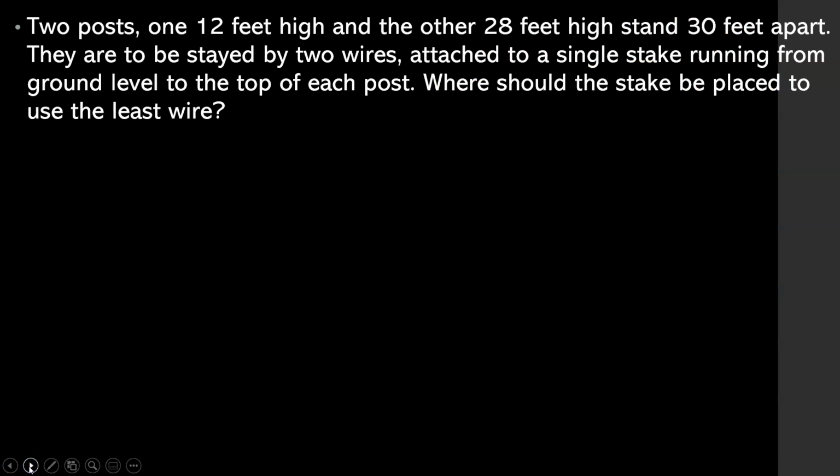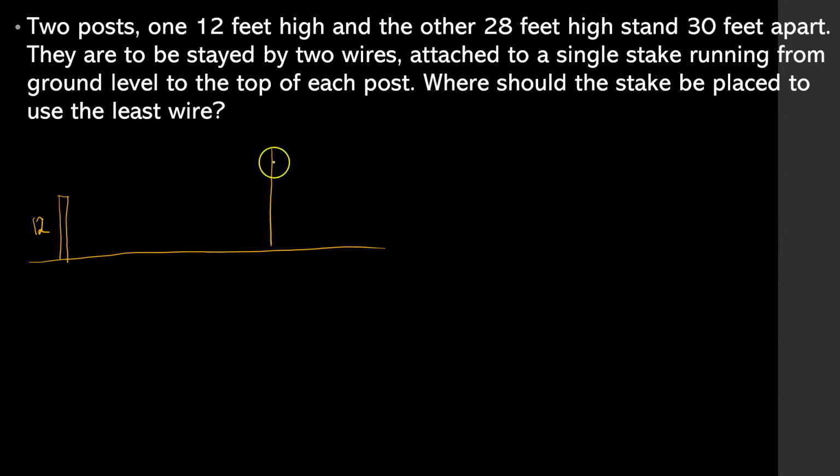Ooh, posts in the ground. Two posts, one 12 feet high and the other 28 feet high, stand 30 feet apart. Okay, so there's my ground. Here's a post 12 feet high. Here's another one 28 feet high, and they are 30 feet apart.